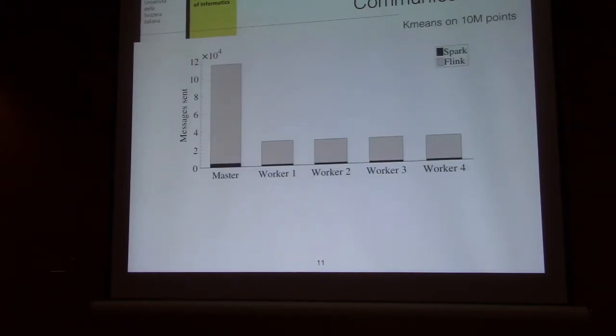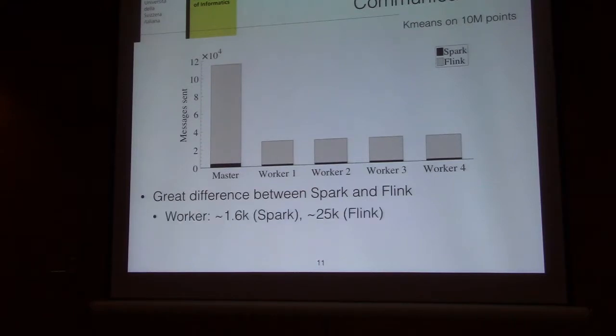These are the results. As you can see, the target workload is a k-means application. And there is a quite huge difference between Spark and Flink, both in the master and in the worker. In the workers, Spark sends on average 1.6k messages, while this amount is around 25k in Flink, and in the master the difference is even higher.